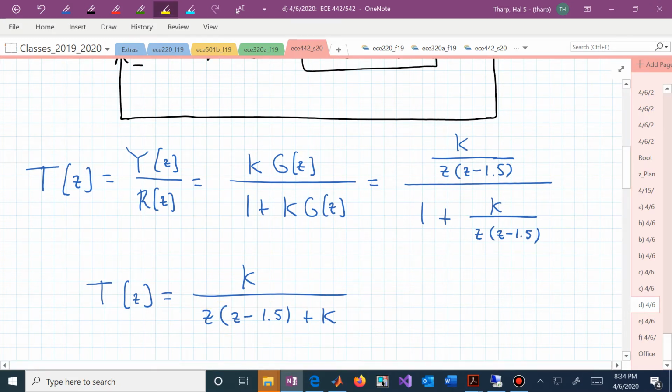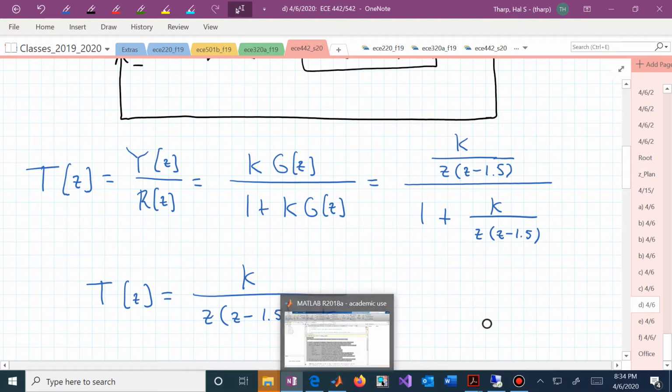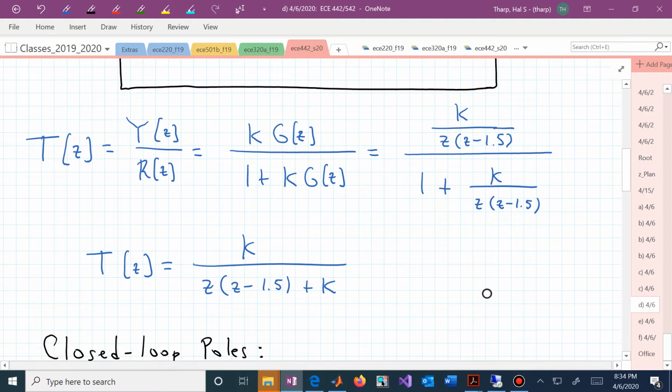We want to now know what happens to the roots of this quadratic equation as k changes from 0 all the way up to infinity.